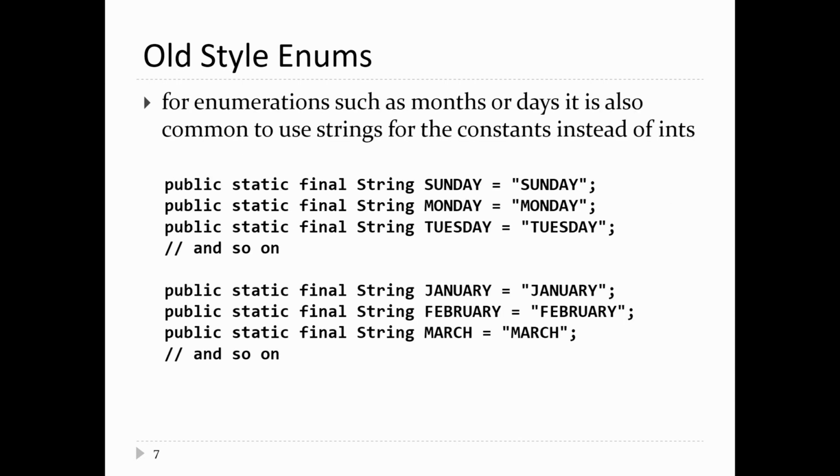Also, if you want to compare these for order, you're stuck with the string compareTo method. So now Monday comes before Sunday if you just use the plain old compareTo. It just means you end up with sorting in lexicographical order instead of in the order that your constants are defined in.